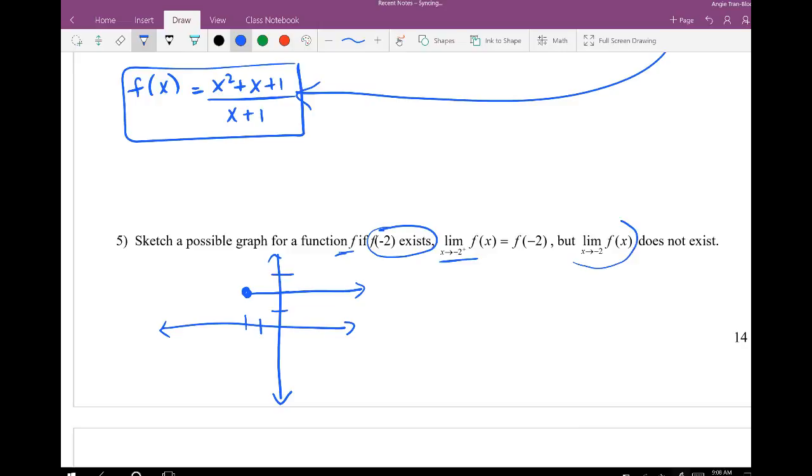But the limit does not exist at x equals negative 2. So what that means is that I just have, how about down here, a function that doesn't have a limit at x equals negative 2 because the left limit and the right limit are not the same.